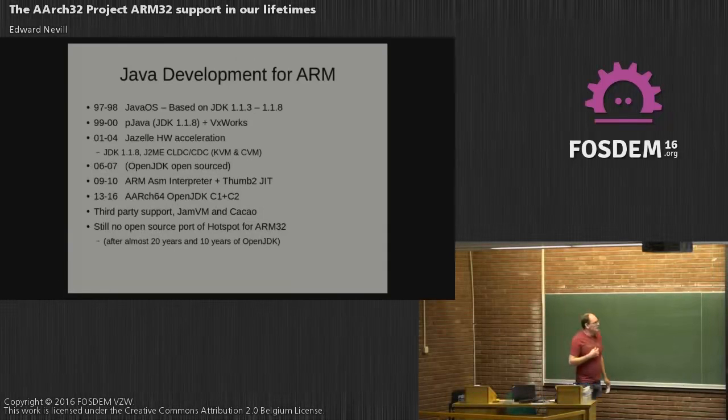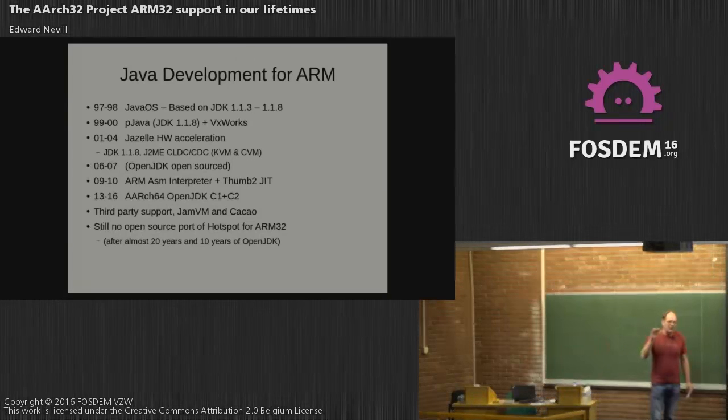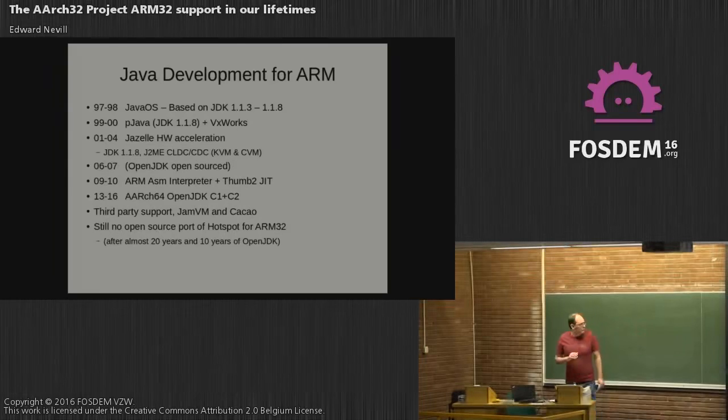In 06, 07, that sort of time frame, I'm not sure exactly when, OpenJDK was opened. Then in 2009 and 2010, I did a port of the JIT. It was a small, fast JIT.